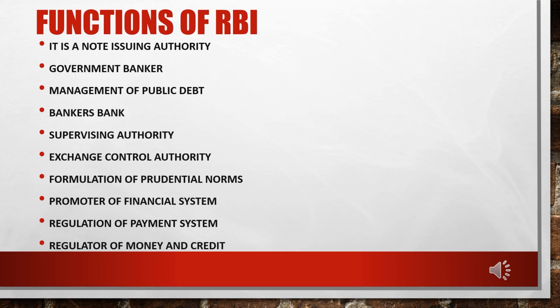So every commercial bank has an account with RBI, and all the transactions they make, either through the interbank system or with any excess reserves, and whatever they want to borrow, everything is done through RBI itself.